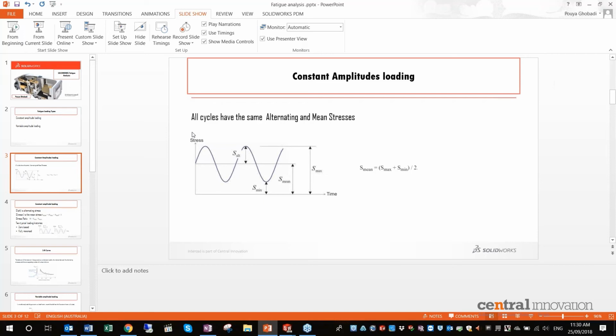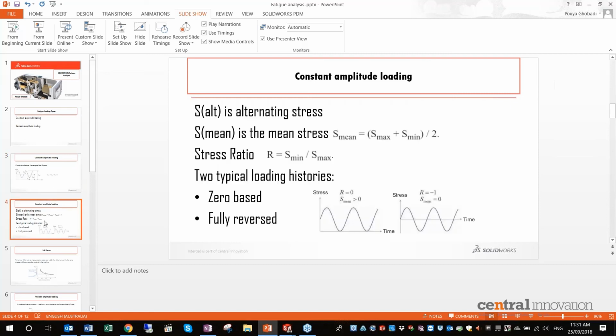So you have to know the alternating stress, the minimum stress, the mean stress, and maximum stress to be able to calculate different terminologies for your fatigue study. The main one is the stress ratio, which can be calculated by dividing S minimum by S maximum, minimum stress to maximum stress. These are the terminologies for constant amplitude loading, again, just for constant amplitude loading.